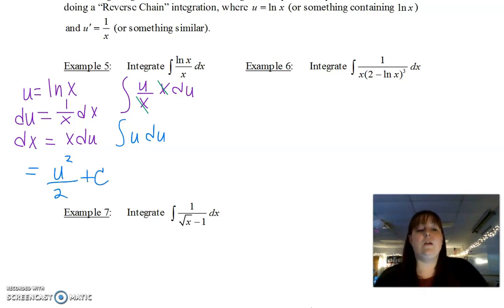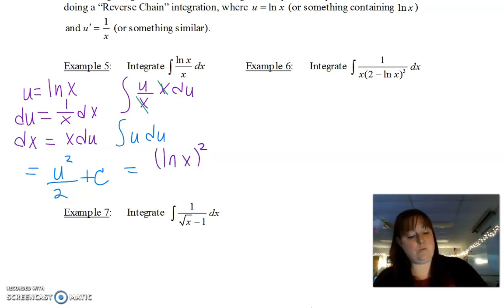And then we just need to substitute back in our ln. So we bring our u back in, and we have ln x squared, because that was our u, over 2 plus c. So you might rewrite this as 1/2 ln x squared plus c.